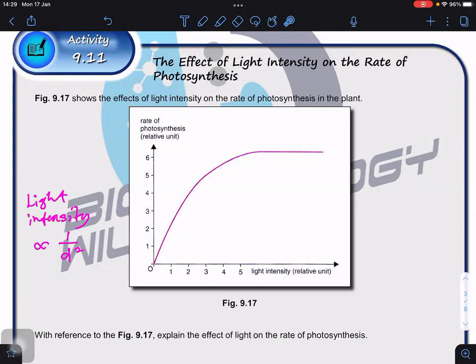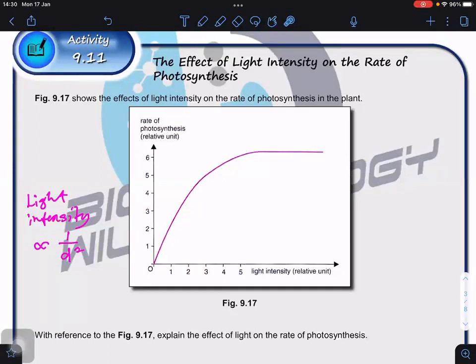Why non-cyclic? Because in the Calvin cycle, reducing GP to TP requires reduced NADP and ATP, and these two items are produced during non-cyclic photophosphorylation. Are you clear? So can you link now?